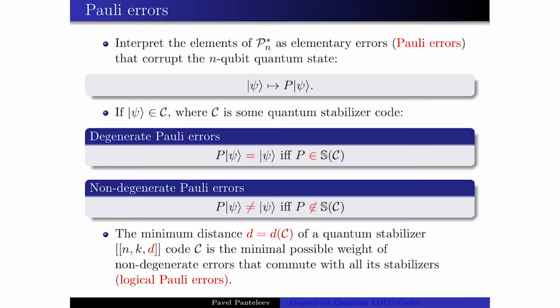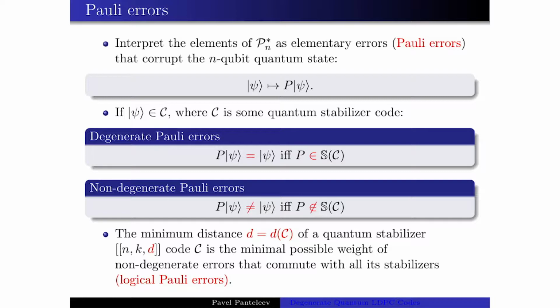As you know, if we have a state that belongs to the code space, then we have two types of errors: degenerate errors that do not change the state, and non-degenerate Pauli errors that change the state.